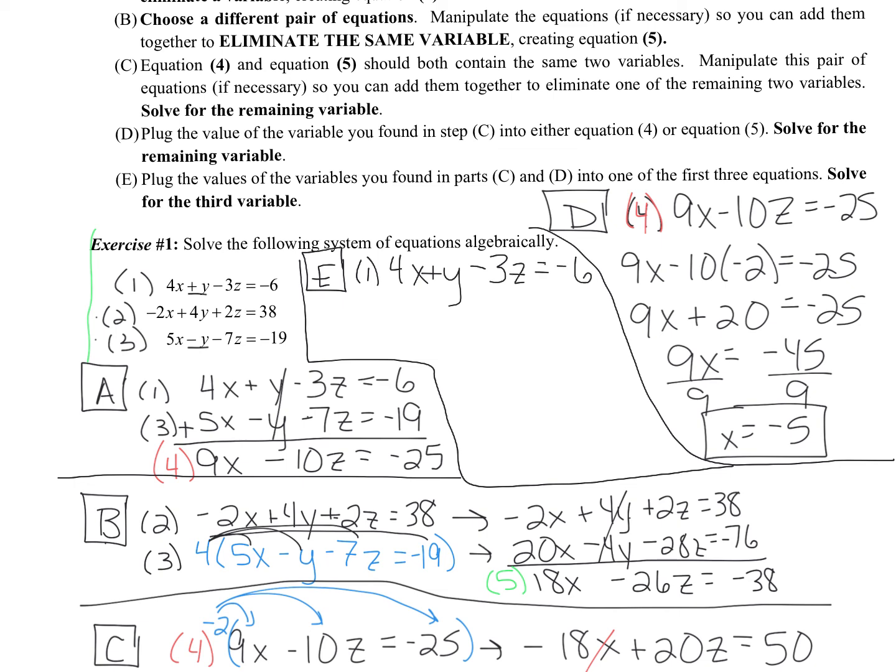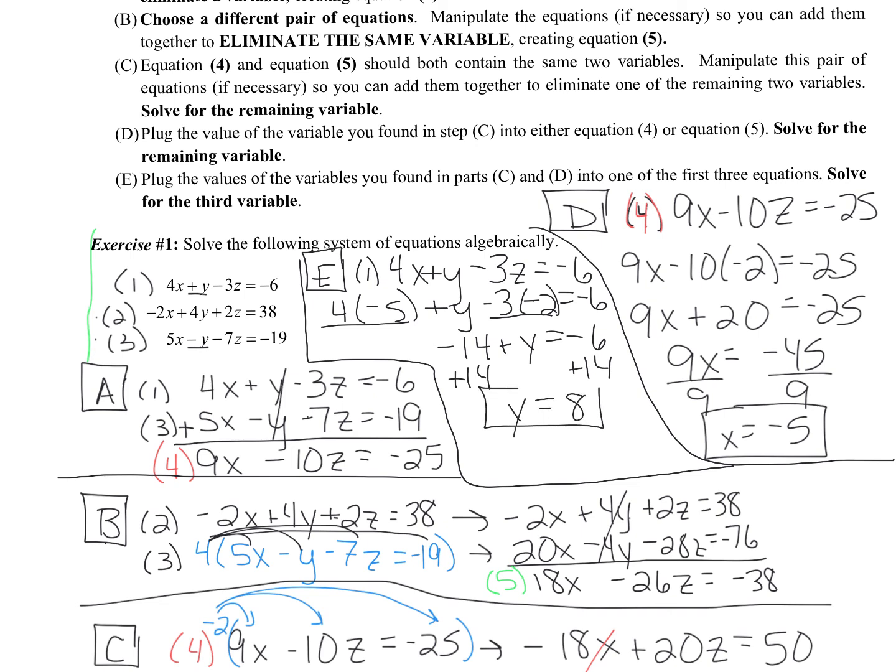So I have 4 times negative 5 plus y minus 3 times negative 2 equals negative 6. So I have a negative 20 plus 6, which gives me negative 14 plus y equals negative 6. And if I add 14 to both sides, I get y equals 8.